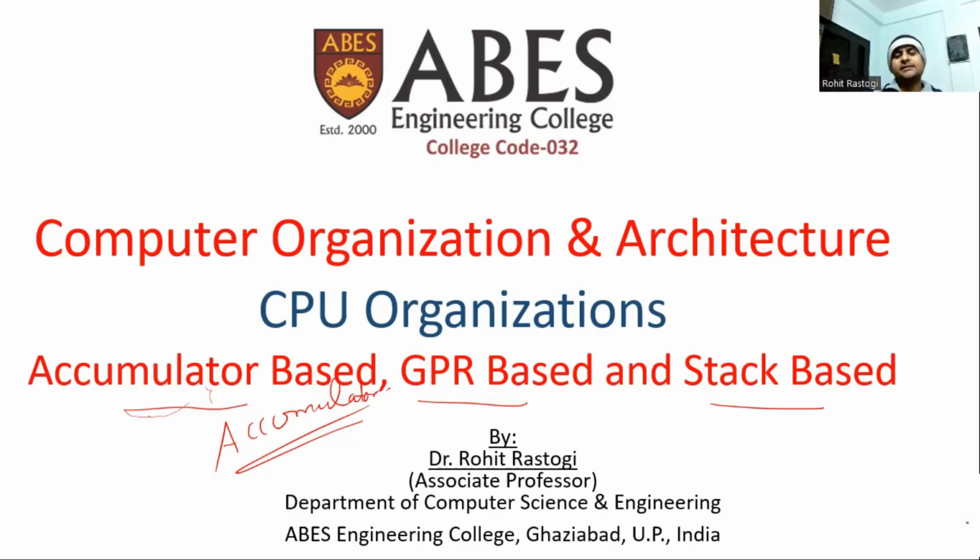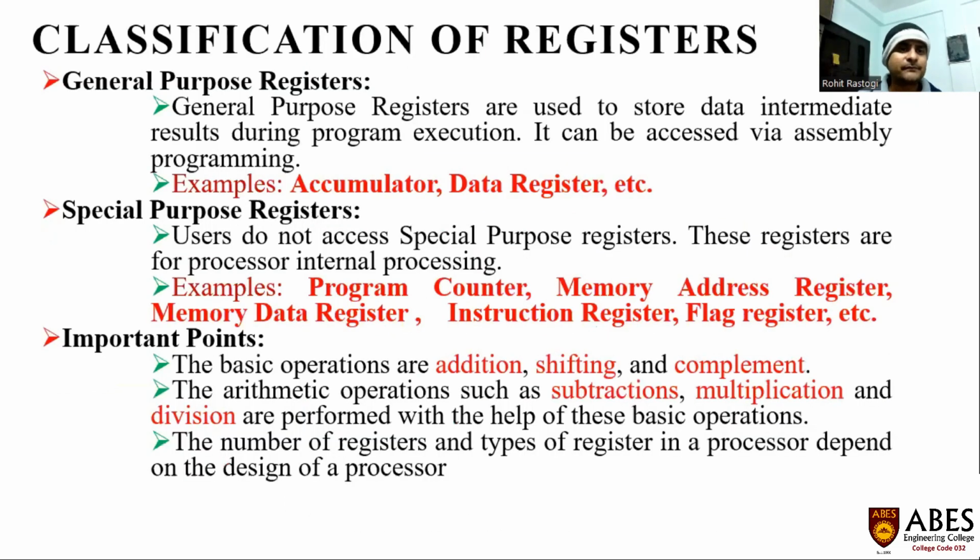After that, when the need increased, the general purpose register organization came into the picture, and a lot of registers were used as intermediate temporary storage. And then when the need was increasing very fast, at an exponential speed, the stack-based organization came into the picture.